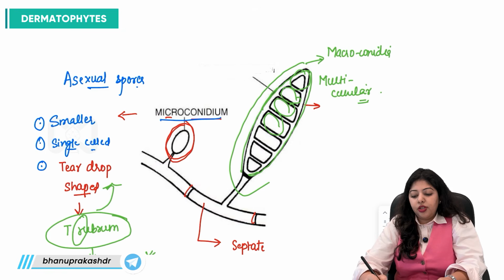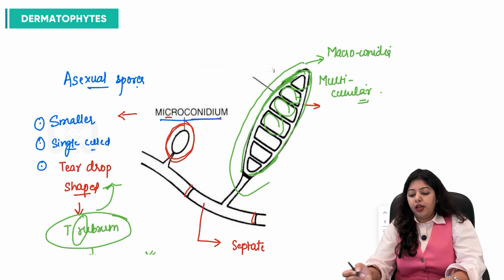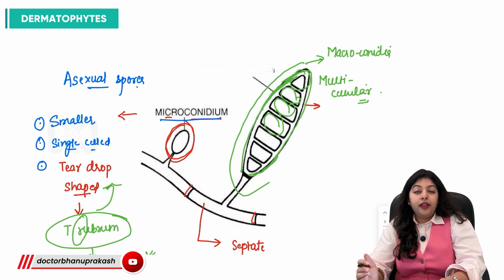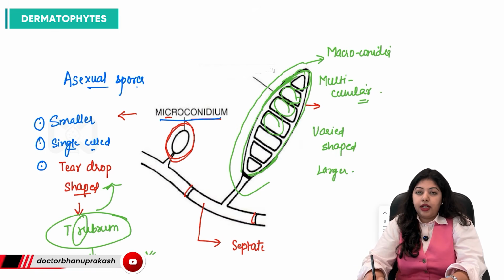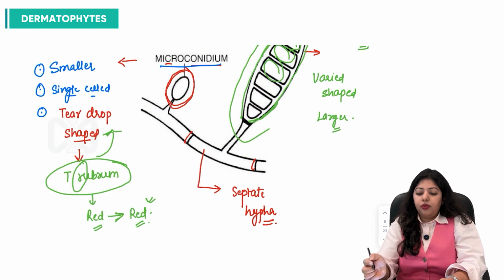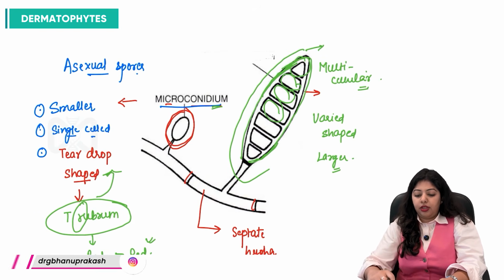And for differentiation, you must know there can be smooth walled, and there also can be small granules which make them rough. So these also can vary in their shapes, right? Varied shapes are present. These are larger in size and these are multiple celled, right? So this is the macroconidium, whereas this is the microconidium.